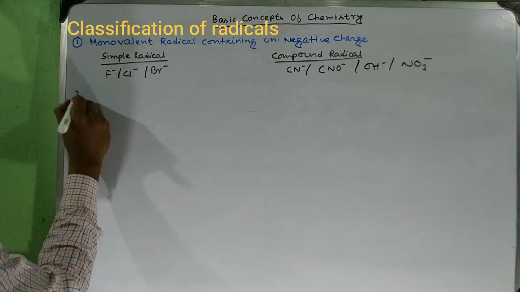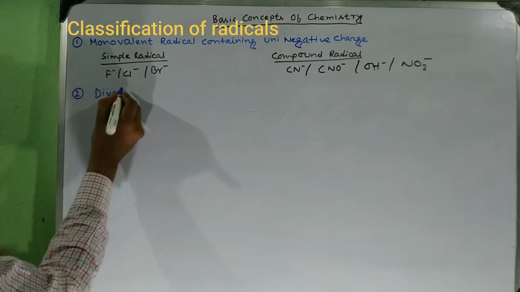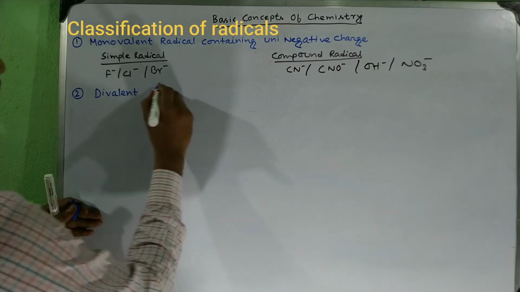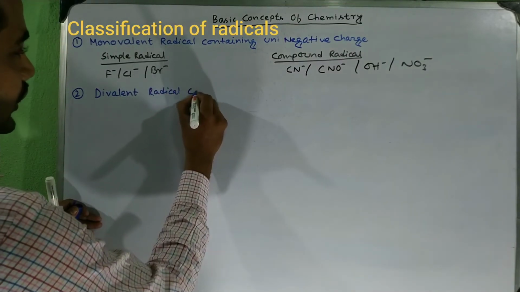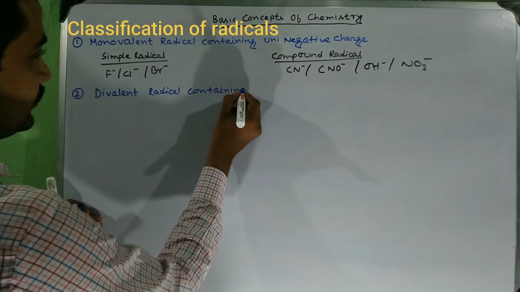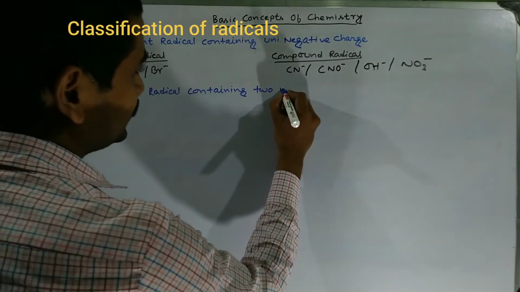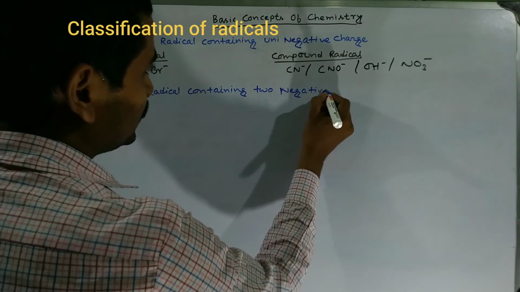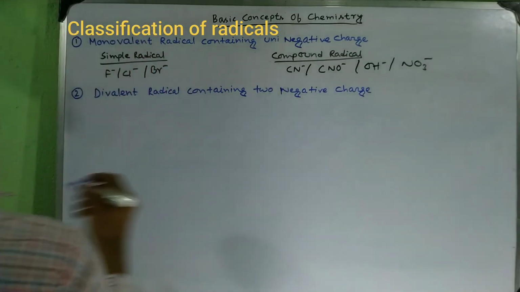Now the second class is the divalent radical containing two unit negative charges.